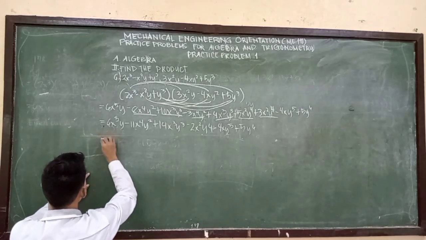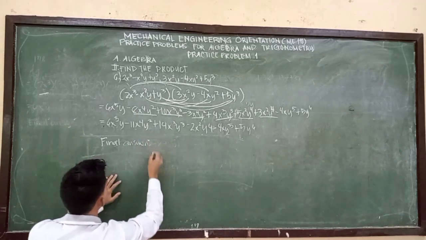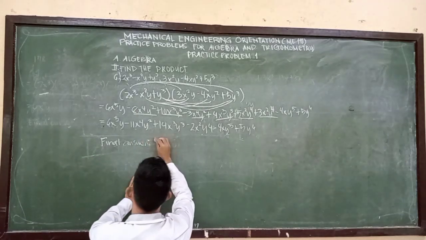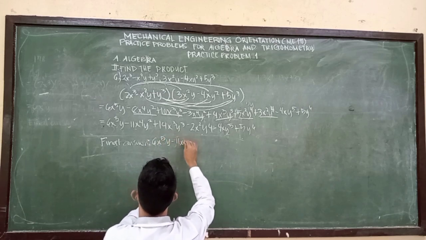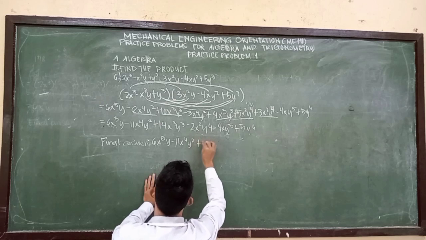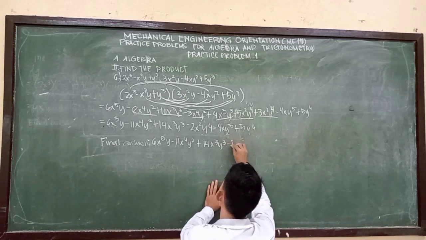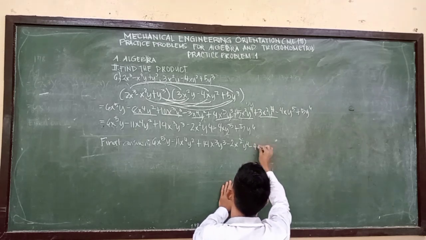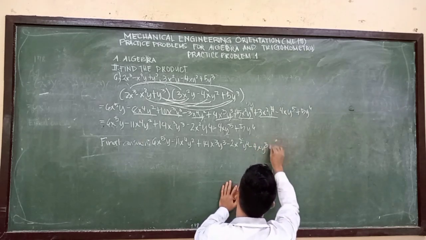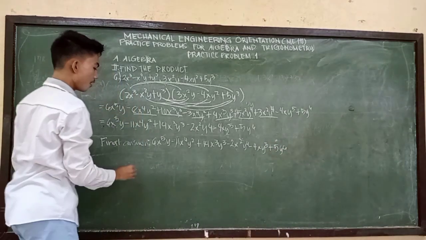So our final answer is 6x to the fifth y minus 11x to the fourth y squared plus 14x cubed y cubed minus 2x squared y to the fourth, and then negative 4x y to the fifth plus 5y to the sixth. So here is our final answer.